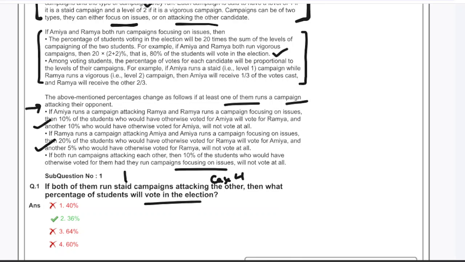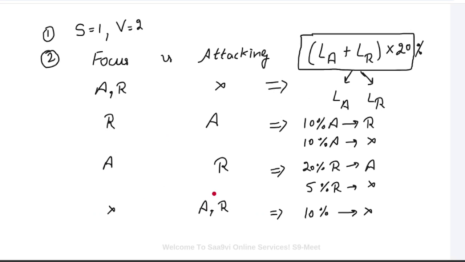Now let's find it out. Both are attacking, Amiya and Ramya, they both are running a staid campaign. That means LA and LR are going to be 1 plus 1, that is 2 into 20. That means total 40% people are voting.